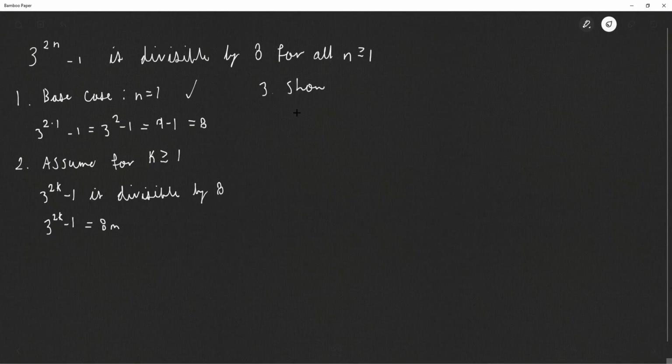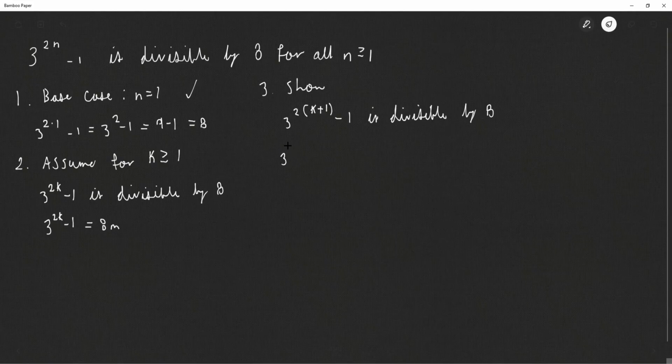And now that we made this assumption, we can move to step 3, where we have to show this for k plus 1. So this is going to be showing that 3 to the power of 2 times k plus 1 minus 1 is divisible by 8. So we're going to try to set this up.